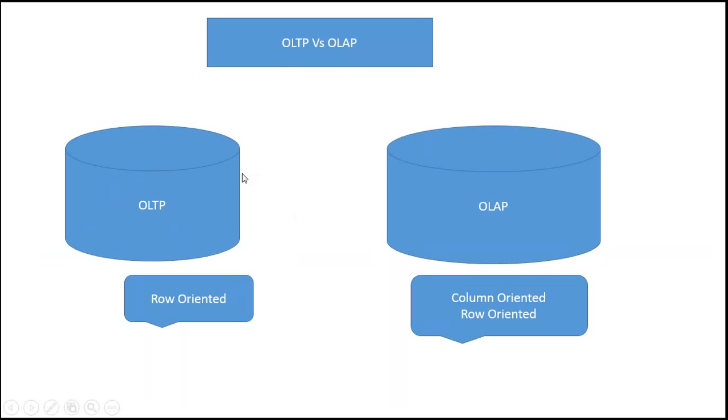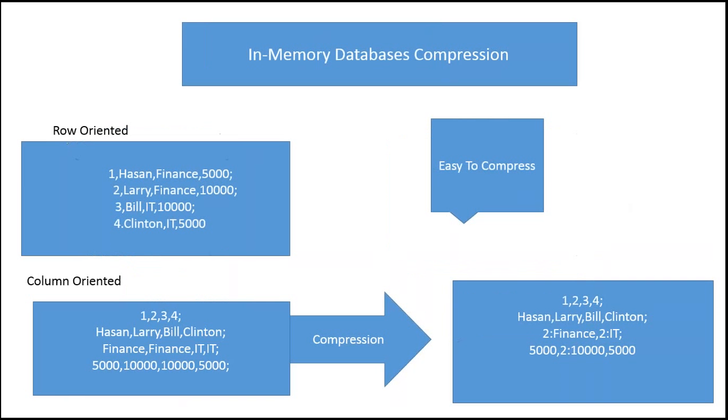It contains transactional data. The BW system contains data for analysis. That is the OLAP system. Okay. Next.